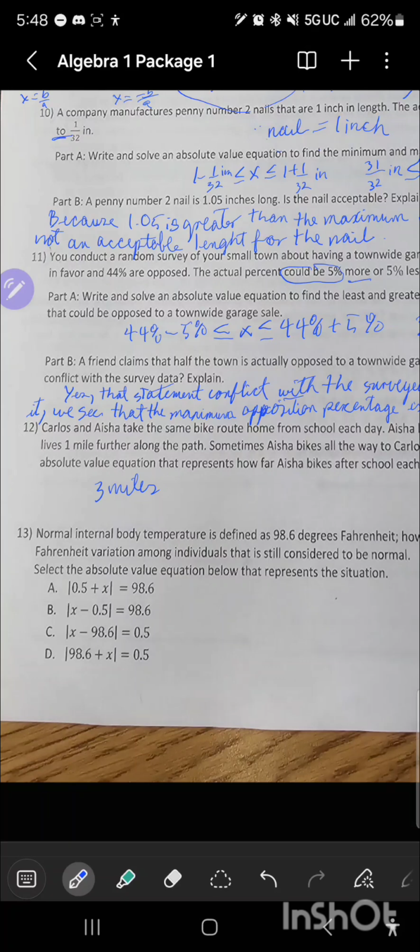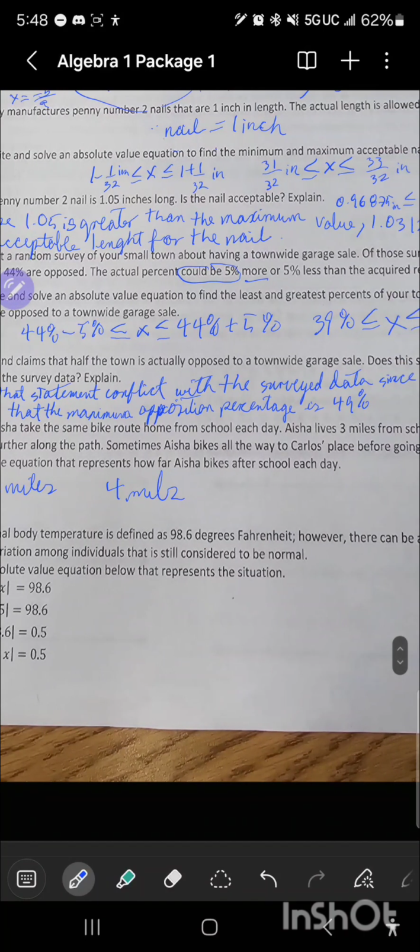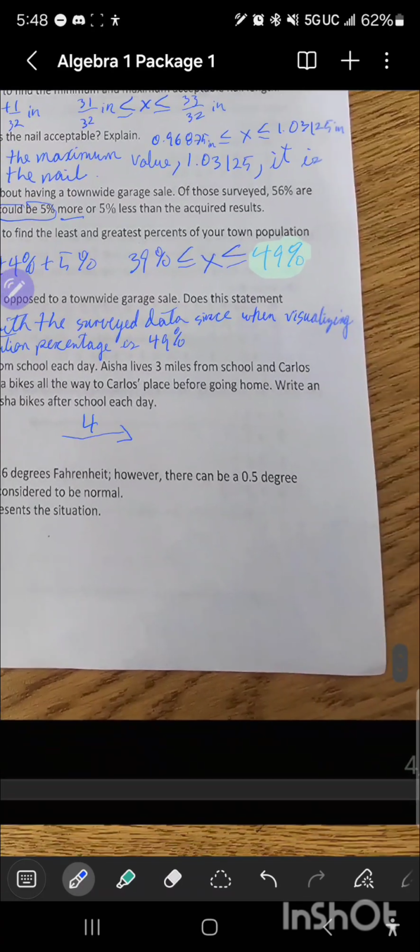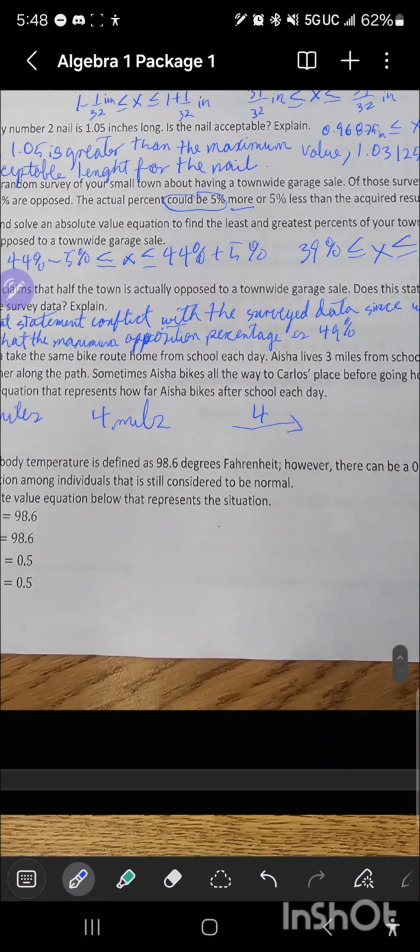Carlos lives 1 mile further along the path. So Carlos lives 4 miles from school. So sometimes Aisha bikes all the way to Carlos' place. So she bikes the 4 miles and then goes back to her place, which is 1 mile behind.